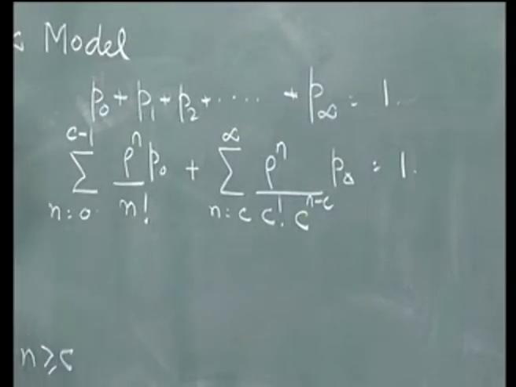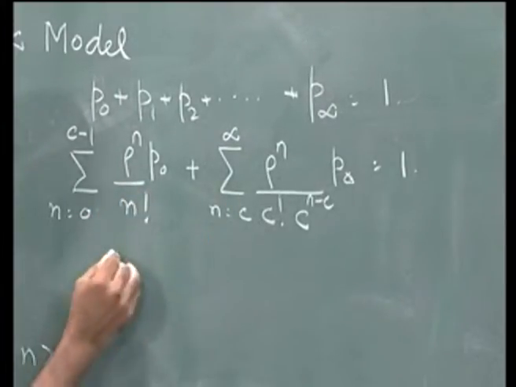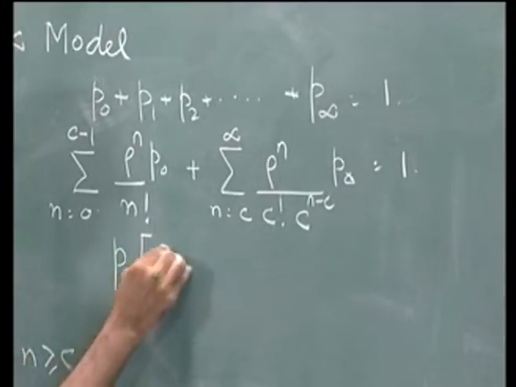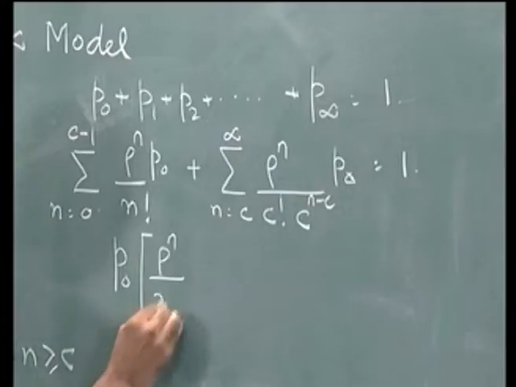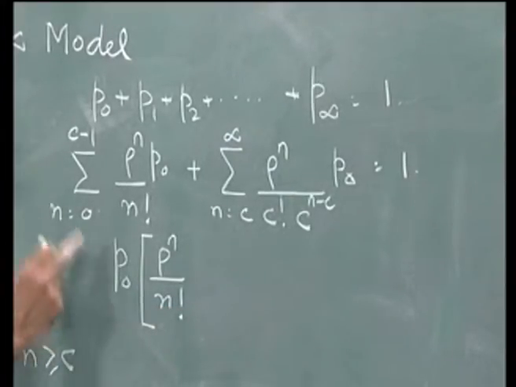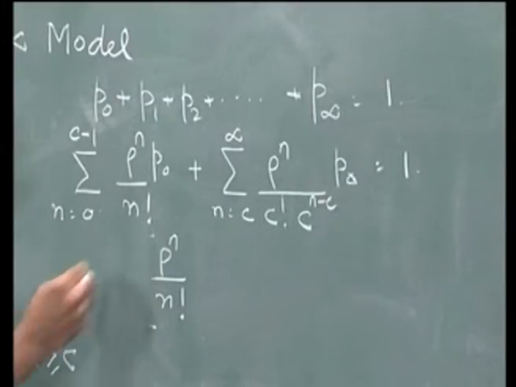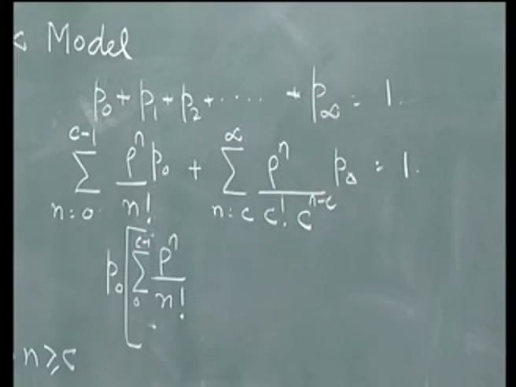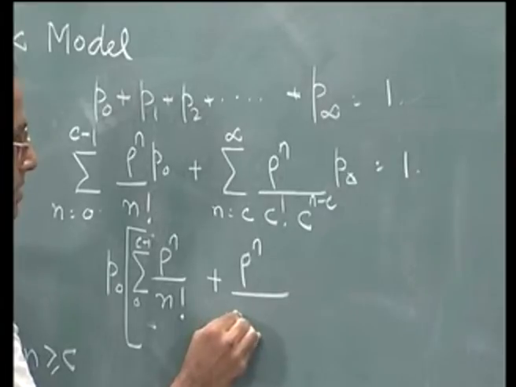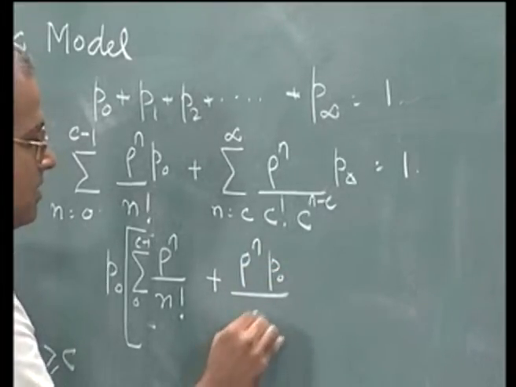Now, P naught can be taken out. So, P naught into sigma n equal to 0 to c minus 1 rho power n by n factorial, plus this is expanded now: rho power n by c factorial c to the power n minus c.